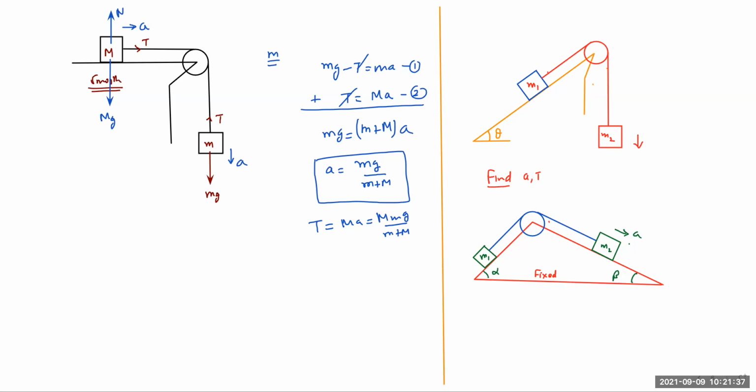Sir, for the M2 block it will be M2G minus T equals to M2A. M2G minus T equals to M2A is the right answer. What about the second one? Sir, for the M1 block it will be T minus M1G equals to M1A cos theta.